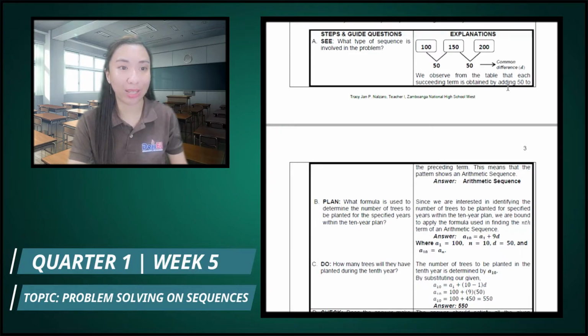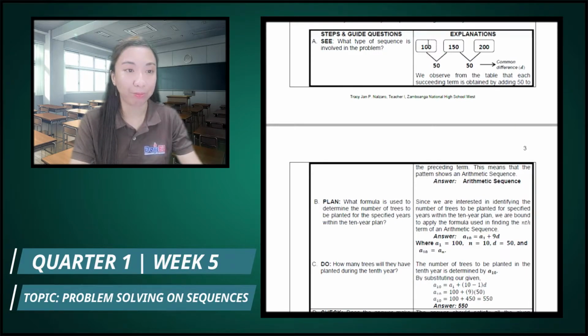So we are going to take a look at the given. We'll focus on the given since it is shown in the figure that our first term is 100, second term is 150, third term is 200. As you can see, there is a common difference which is equal to 50.